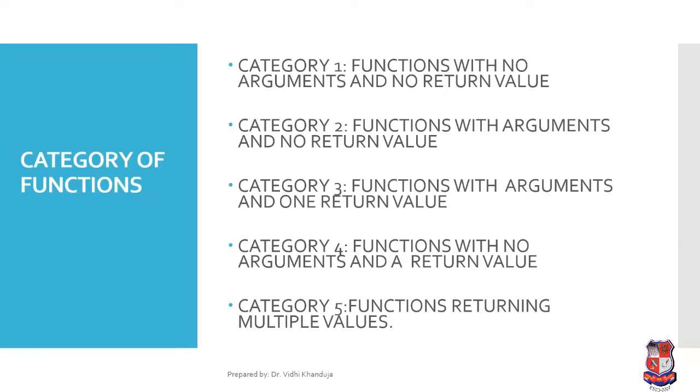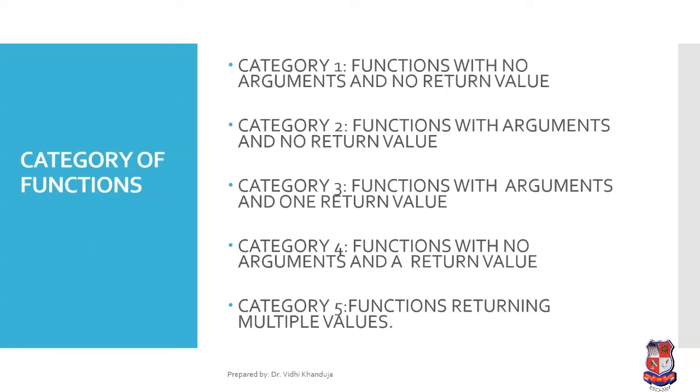Now, we divide the function into 5 different categories depending upon the argument and return type. They are functions with no arguments and no return value. Second category, the functions with arguments and no return value.